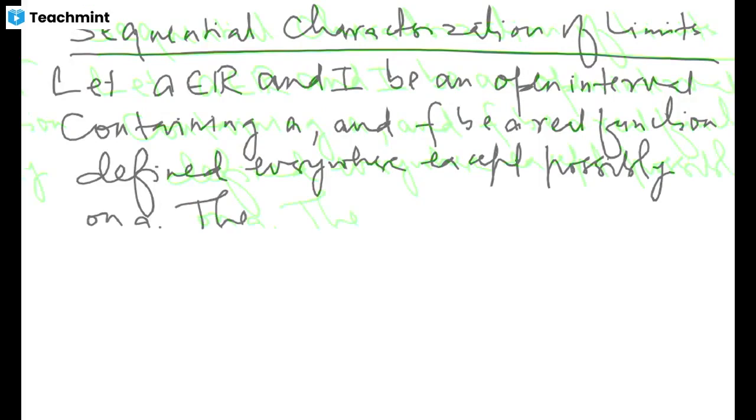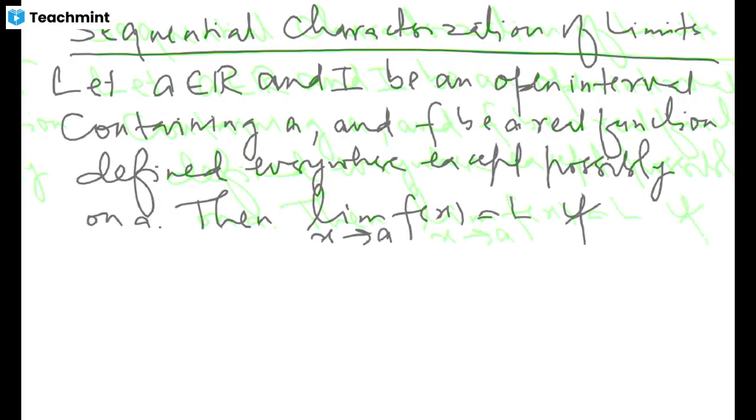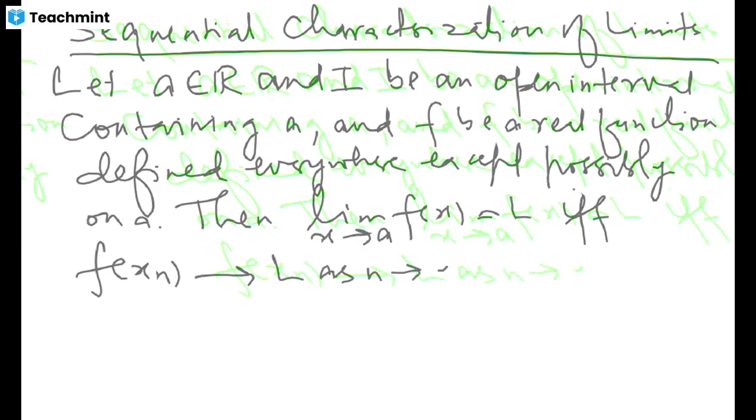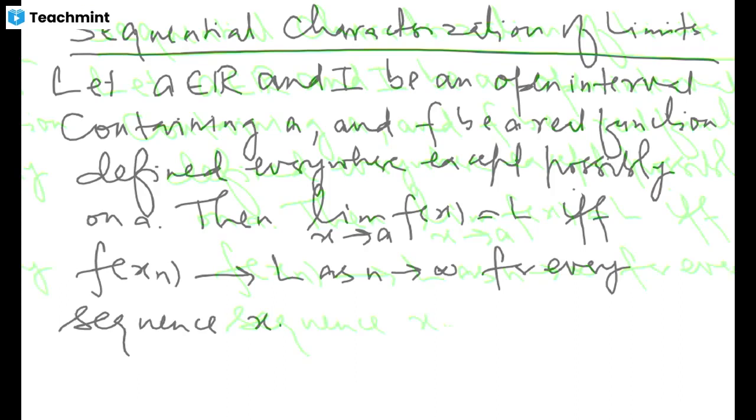Then the limit of this function at the point x equals a exists and is equal to L if and only if the sequence f of xn converges to L as n tends to infinity for every sequence xn in I, but no term of this sequence is equal to a.